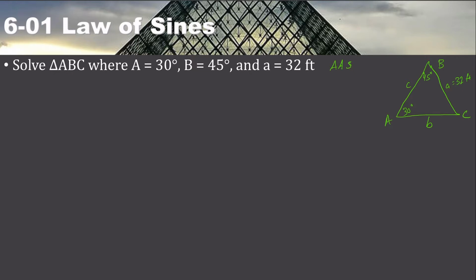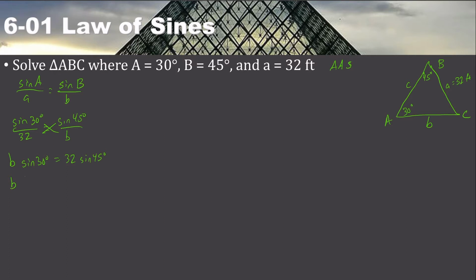I know the A's, so I'm going to have sine of A over a, and since I know angle B, I can find side b, so it'll be sine of B over b. So it'd be sine of 30 degrees over 32 equals sine of 45 degrees over b. If we cross multiply, we'll have b sine of 30 degrees equals 32 times sine of 45 degrees.